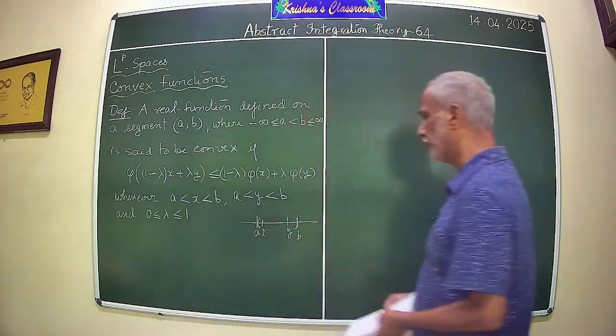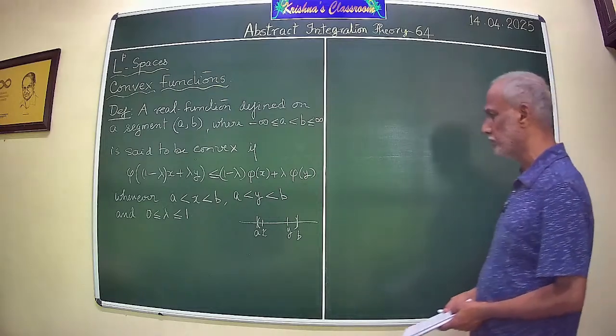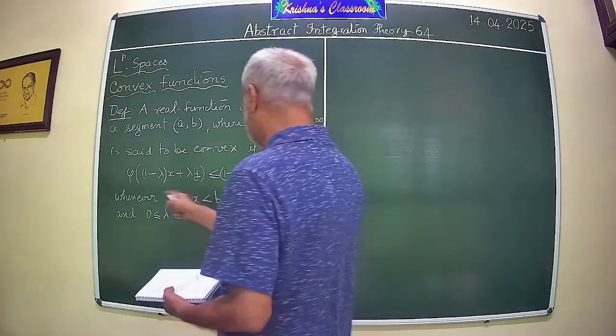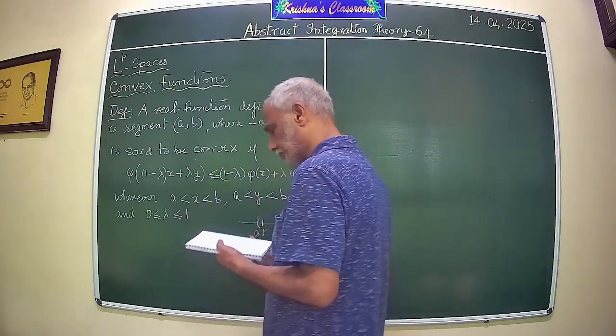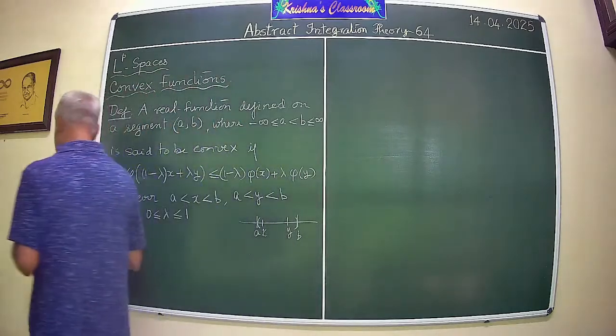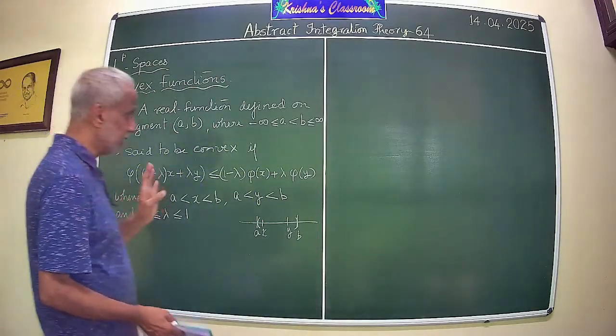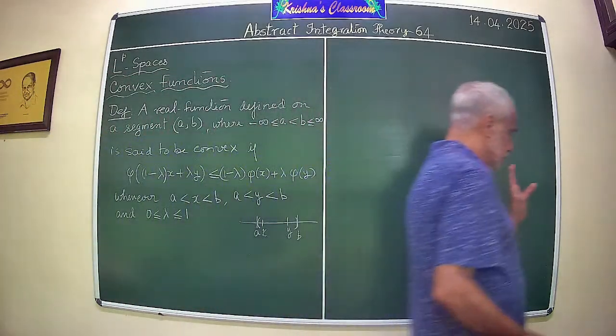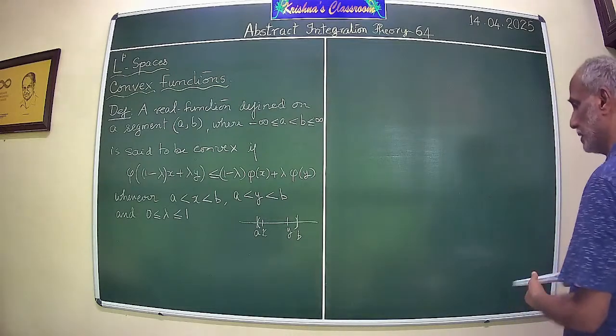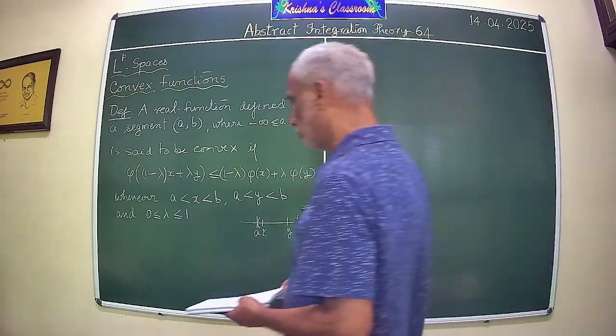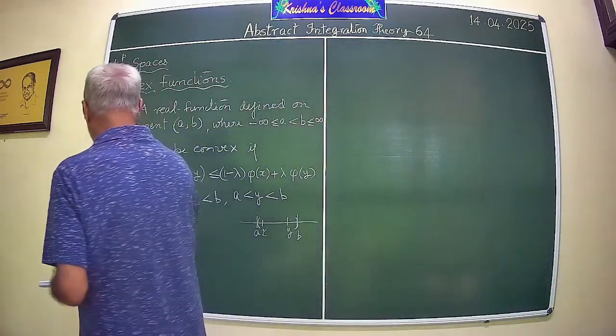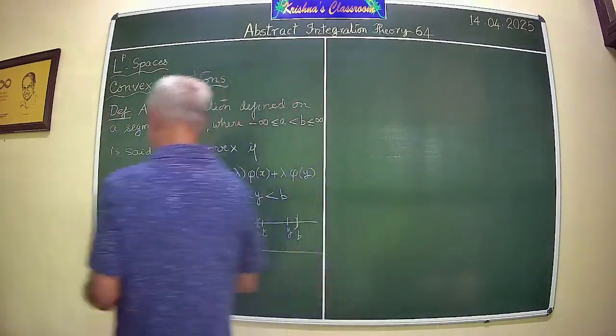Maybe X less than Y or Y less than X, it doesn't matter. So this inequality is satisfied. Okay. Now let us explore this. Let us try to understand this geometrically. Then it is much easier to get a feeling for what is meant. So geometrically.